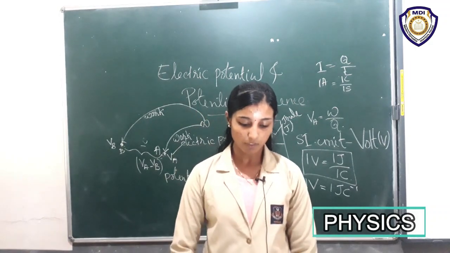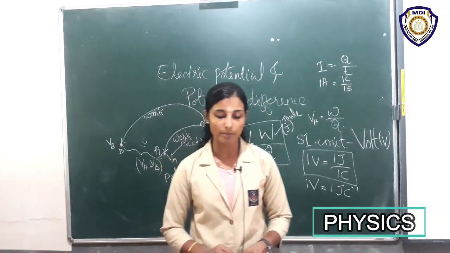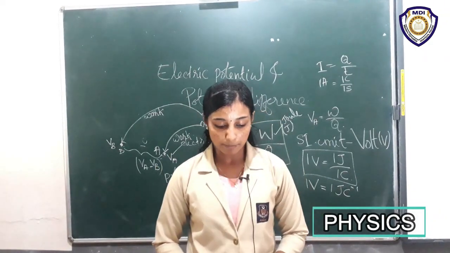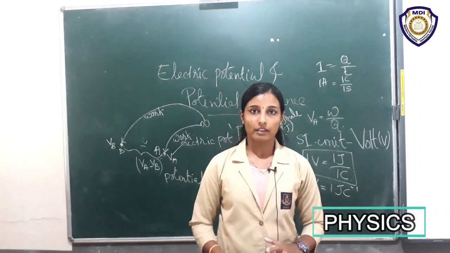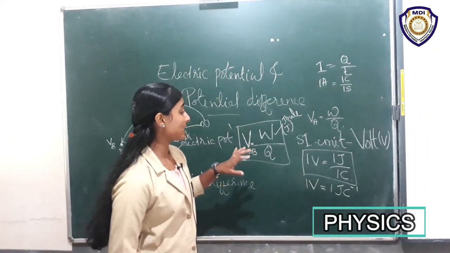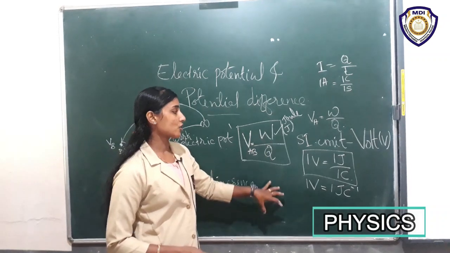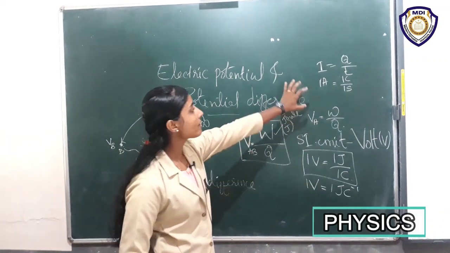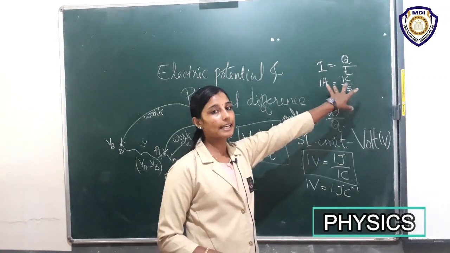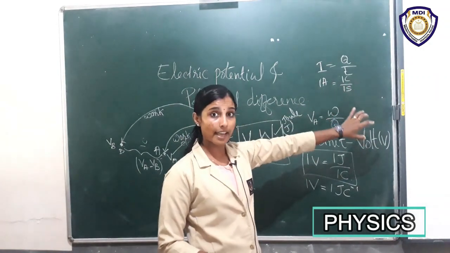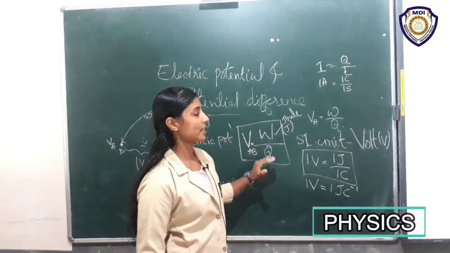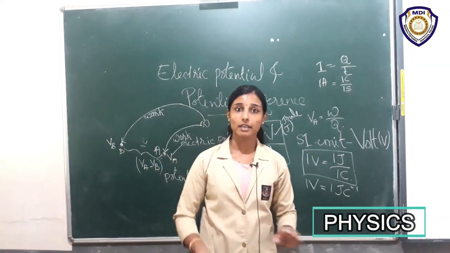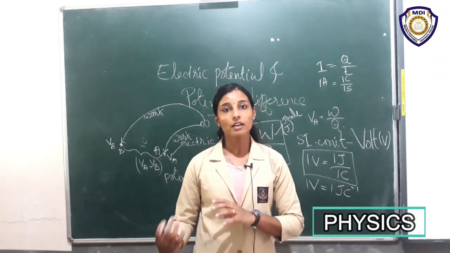Okay, so potential difference is measured by means of an instrument called a voltmeter. We have an ammeter to measure the electric current, right? Like that we have a voltmeter to measure the electric potential difference in a circuit.